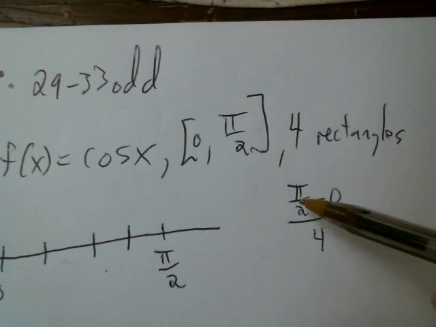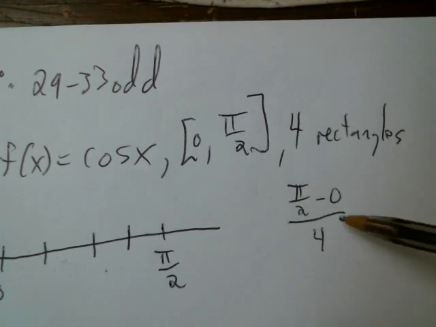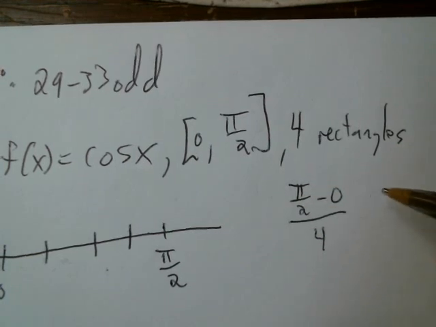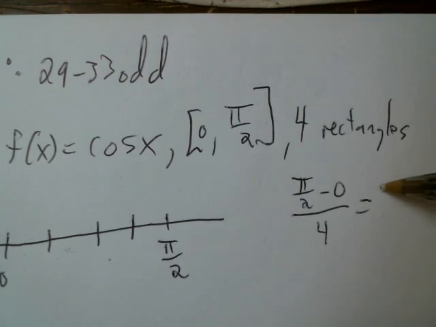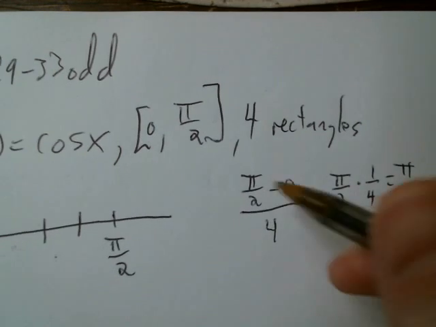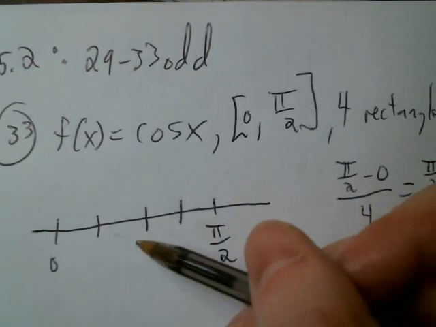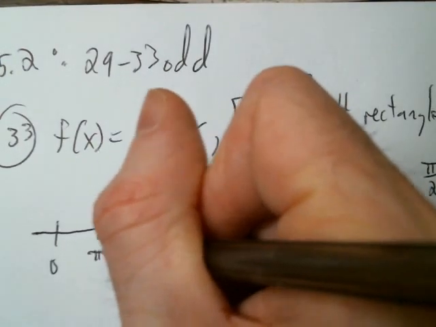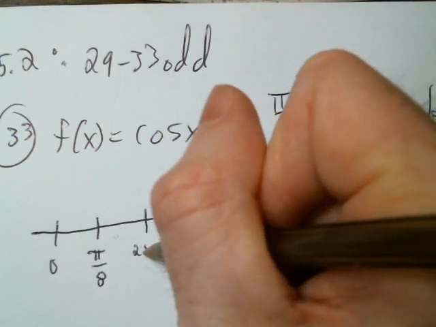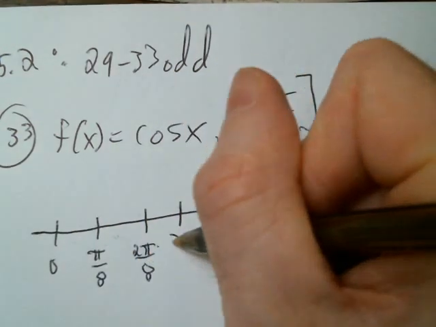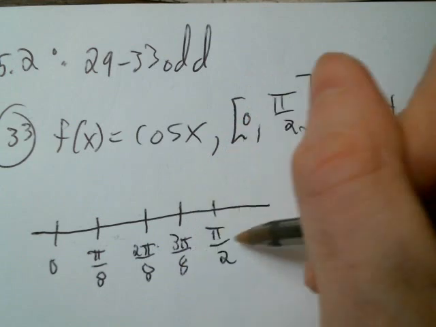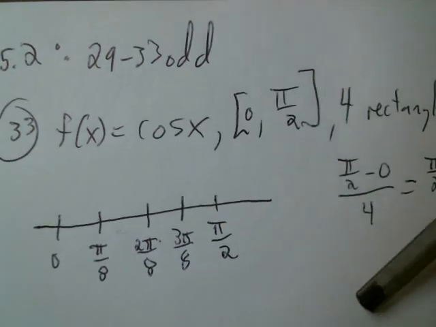This is the famous b minus a all over n formula, which is change in x. So this is pi over 2 divided by 4, which is the same as multiplying by 1/4. And so that'll be pi over 8. Okay? So these points here, 1 pi over 8, 2 pi over 8, 3 pi over 8, and then 4 pi over 8 is pi over 2.